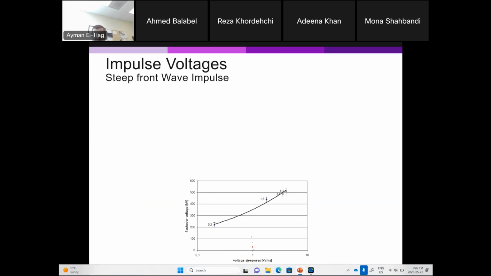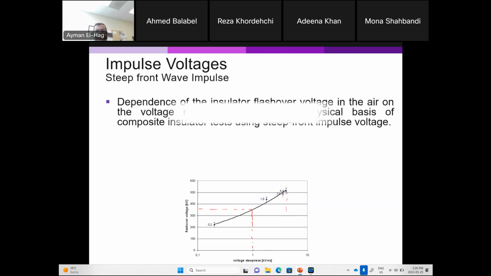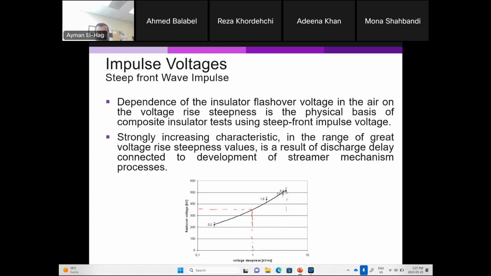So for example, here, if you use 1 kV per nanosecond, the voltage is around 350. If you increase it a little bit more here, it's much higher. This technique, we don't use too often, but if I want to find the internal defects of an insulator, we use this type of test.